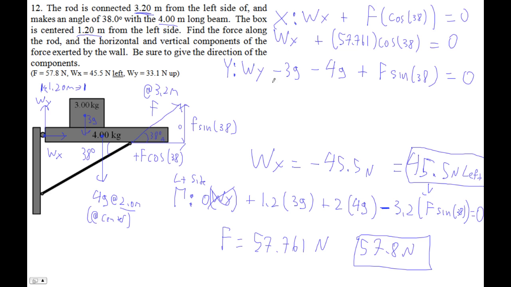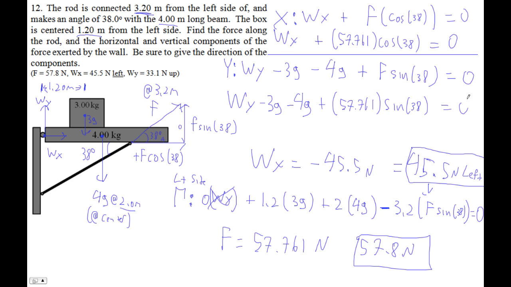And then finally we'll figure out what the wall is in the y direction. So we get the wall in the y direction minus 3 times 9.81 minus 4 times 9.81, plus, and then we know the force is 57.761 times sine 38. So let's figure it out: 3 times 9.81 plus 4 times 9.81. Get that answer. And then I think I divide by this.